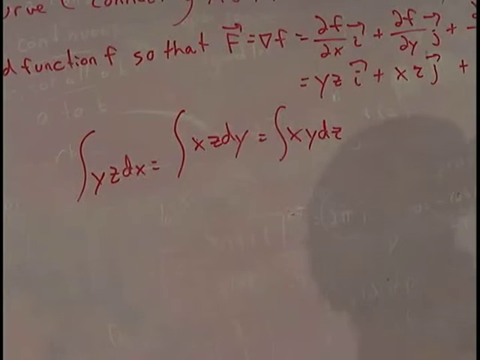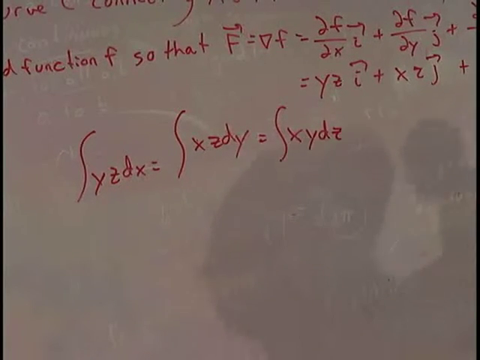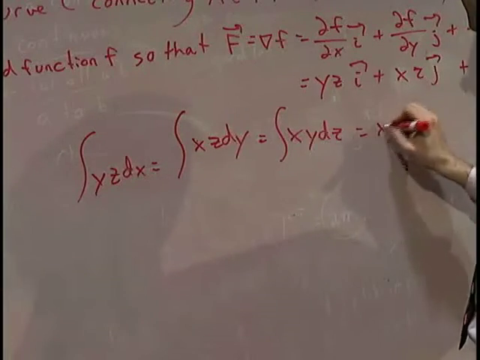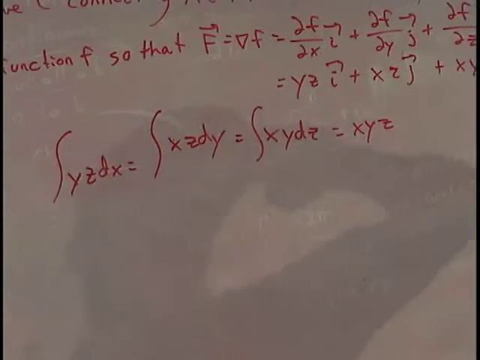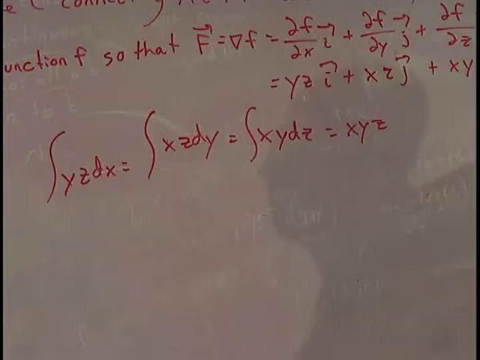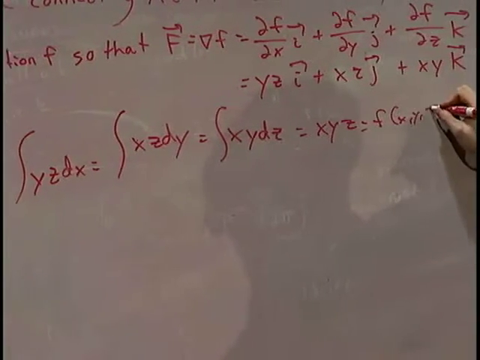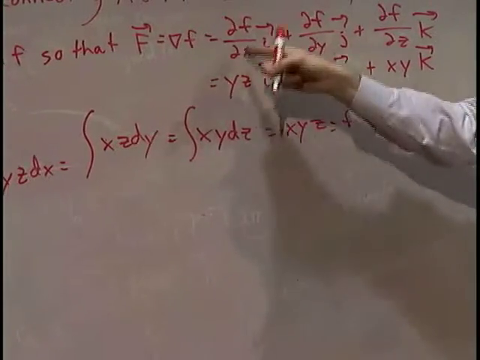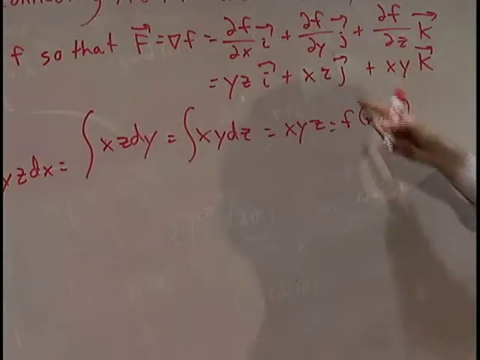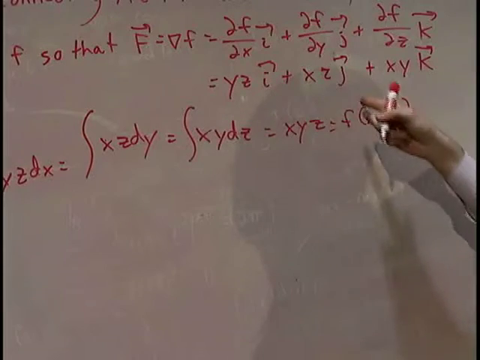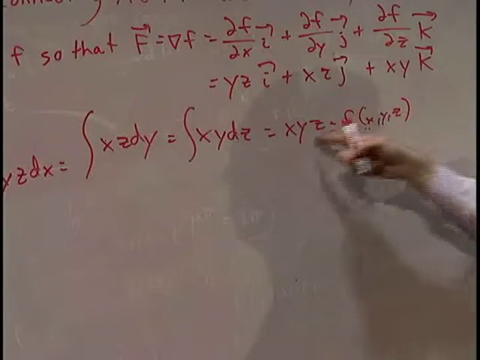So we get the same result every single time, and it turns out the function here is xyz. The function xyz has exactly this gradient field: yz, xz, xy.